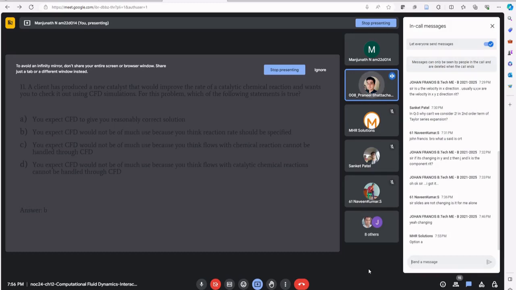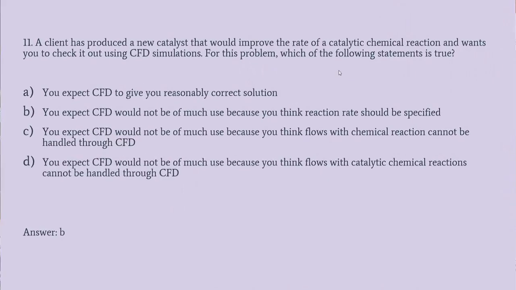In the question, it's written that the client wishes to improve the rate of catalytic chemical reaction. If you are trying to improve the reaction, we should know what the initial rate is. That's why the reaction rate should be specified. Otherwise, whether or not it includes chemical reaction or any other source term, they are all included in the fundamental equations which we discretize in CFD and solve.